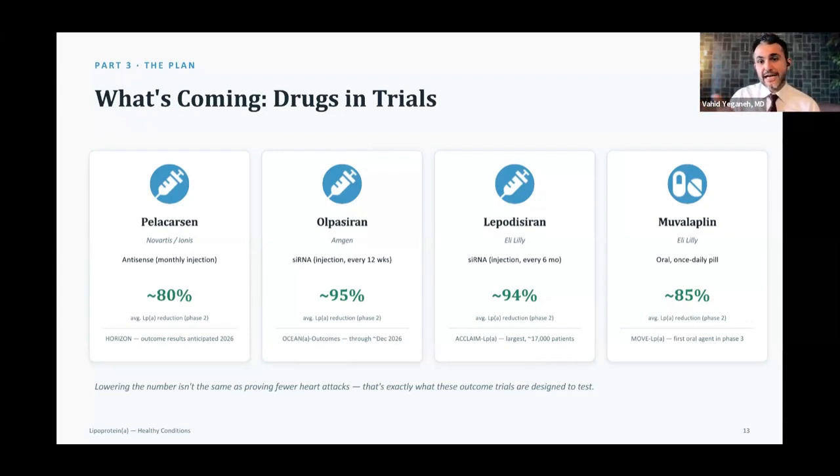Did he actually have less of a chance of a heart attack? So we're looking at these studies and saying, by lowering this, are people having fewer heart attacks, fewer strokes, are they dying less, or at a later age, versus if we hadn't given them this drug. And so that's why the data on these studies is really, really eagerly awaited.